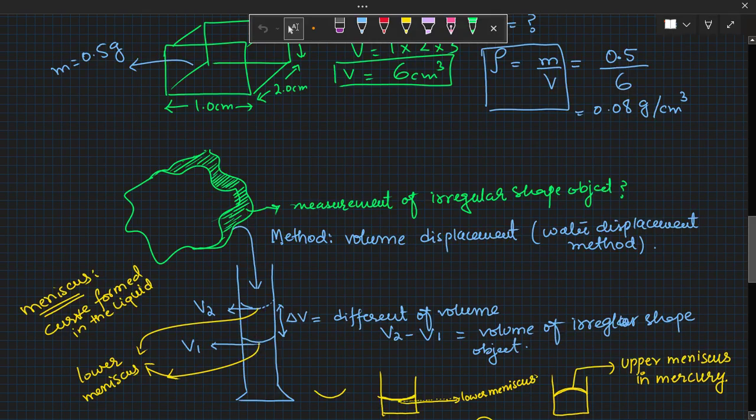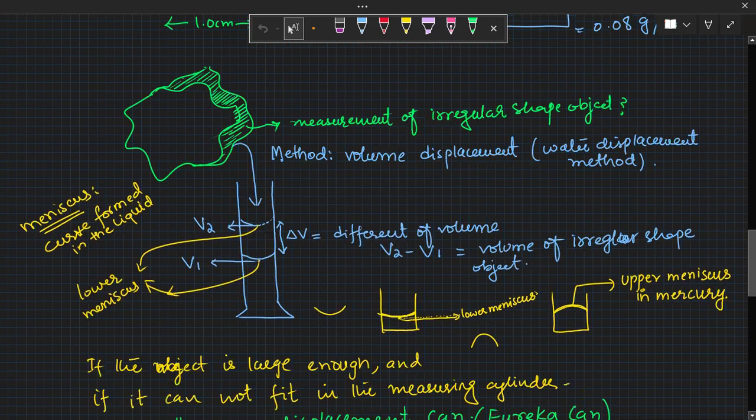You have to follow the displacement method, also known as the water displacement method. You take a measuring cylinder and fill it partially, about half, with water, and then gently immerse the irregular shaped object inside the measuring cylinder, right?